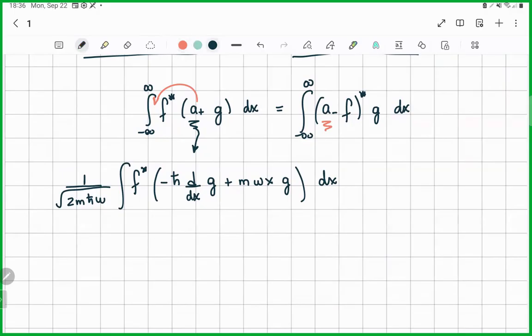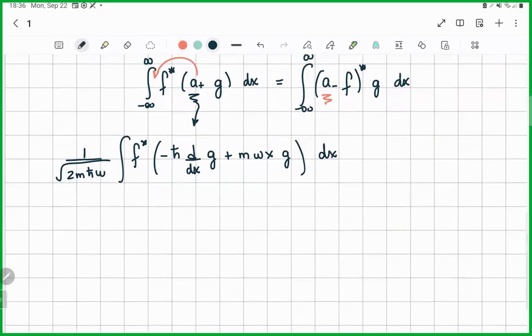Now we have to remember how we do integration by parts, because one of the terms that we have in this integral is an integral of f complex conjugate, derivative of g, dx, right?